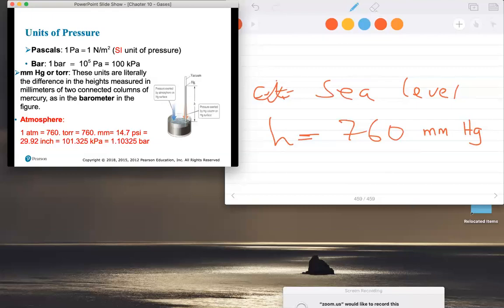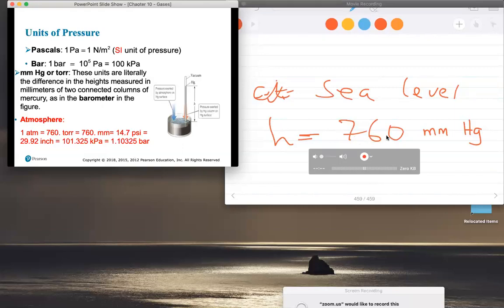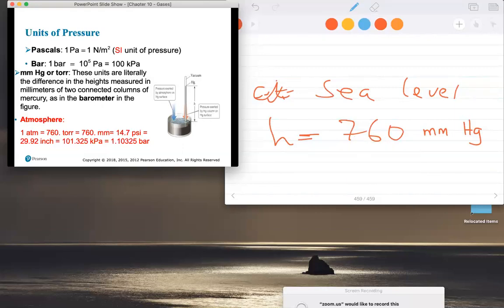Barometer is just an instrument used to measure atmospheric pressure. He invented that, and when he did this at sea level, this was the height, and we have been using that as the sea level.